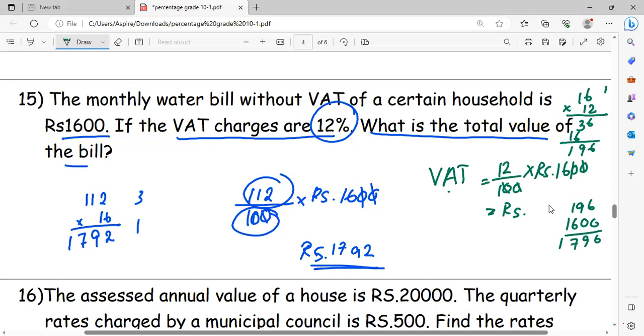We can obtain the answer as 1,792. 2 into 6, it is 12. No? So the 192.